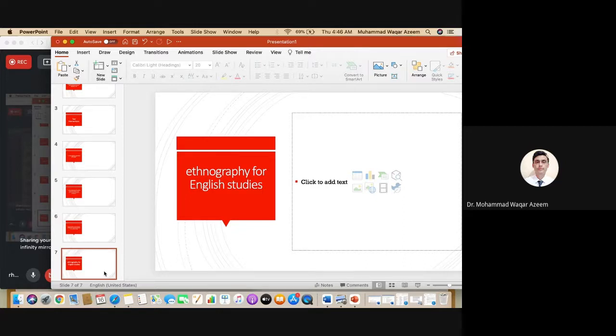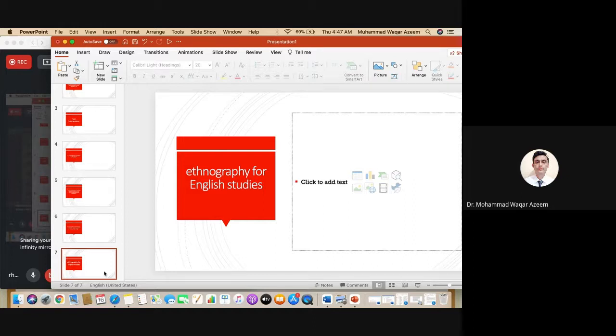And through your analysis of the literary text of the novel, you will be reflecting on the representation of that particular culture in the fiction, in the novel. Now, how will you know what kind of culture existed in that particular society in that particular time period?